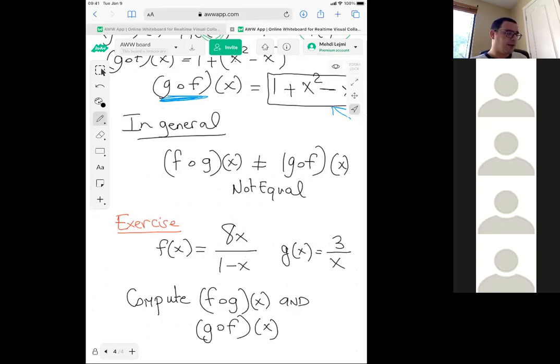And as we did for f plus g, f minus g, f times g, and f over g, we're gonna try to find the domain of f composed with g. So the goal next time would be to find the domain of this f composed with g. And before that, we're also going to use graphs to find this f composed with the g of x.